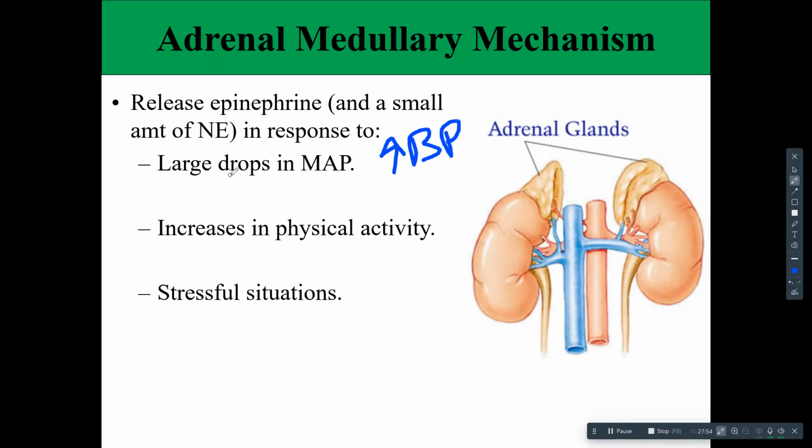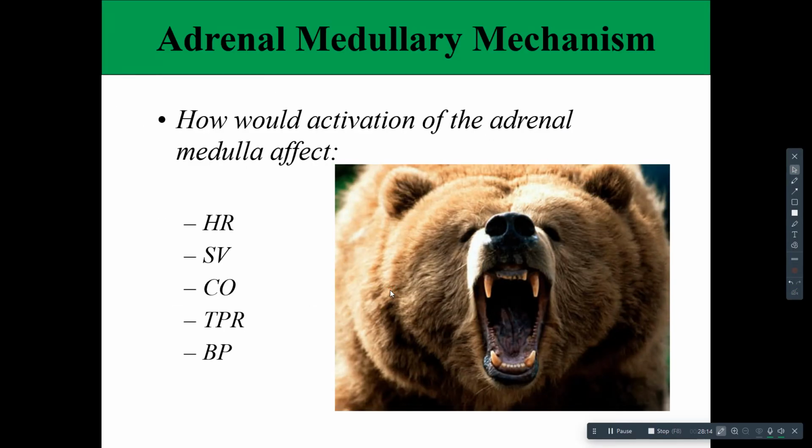And that makes sense in physical activity. We want blood pressure to go up to drive blood flow to the muscles. And in stressful situations, we want blood pressure to go up for the same reason, to drive blood flow to our muscles, to our skin, to our lungs. So that's our adrenal medullary mechanism. So if you were faced with this grizzly here, you would definitely turn on that adrenal medulla.